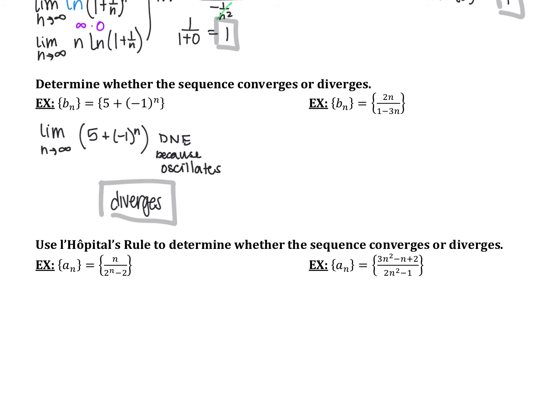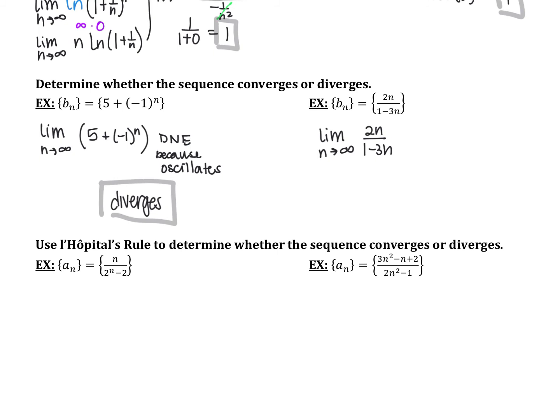Well, let's write the problem first. This would be the limit as n approaches infinity of 2n over 1 minus 3n. You guys, this is a rational function. And sure, I could use L'Hopital's because this is L'Hopital ready at this moment. But I know the rules for this.